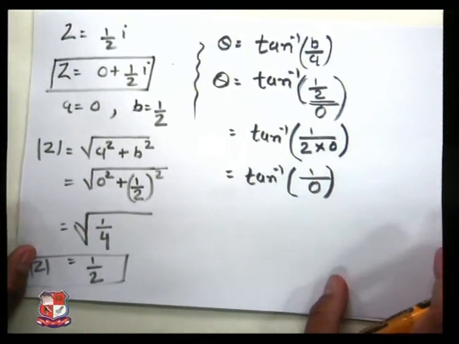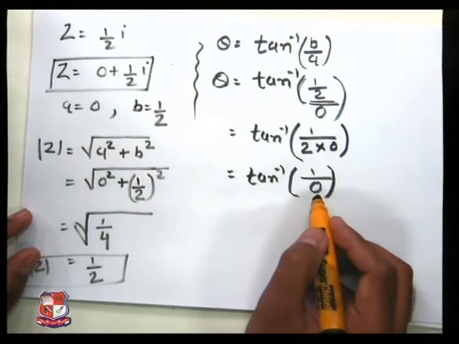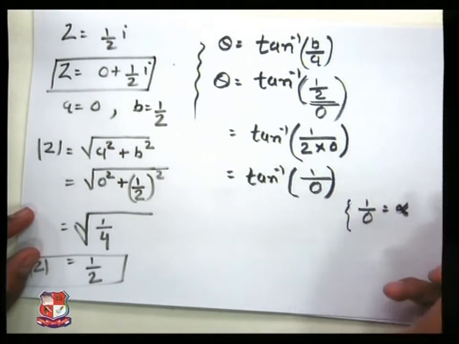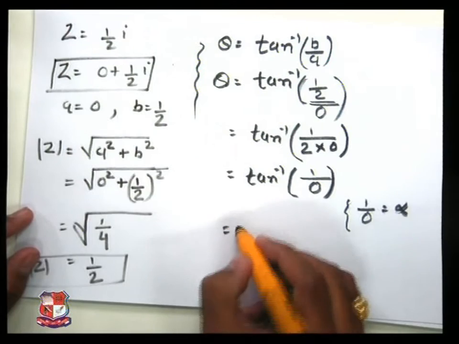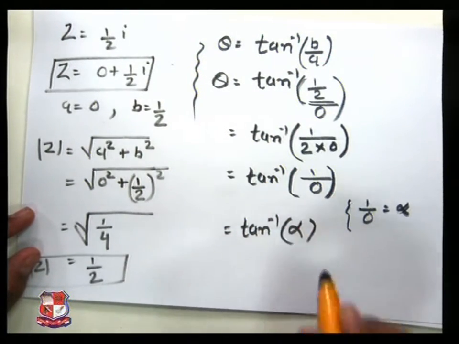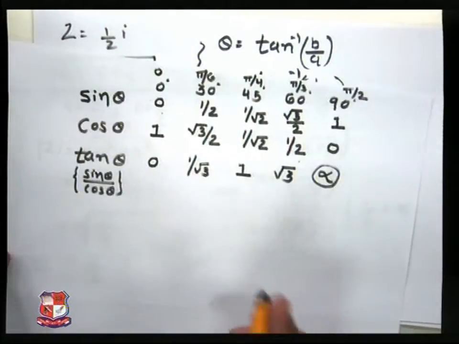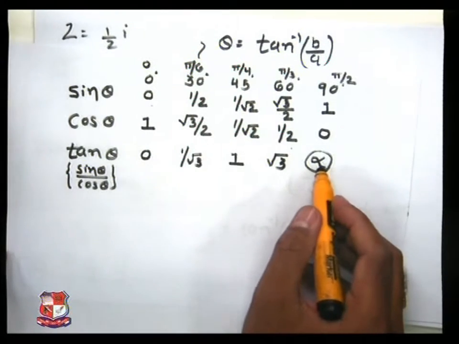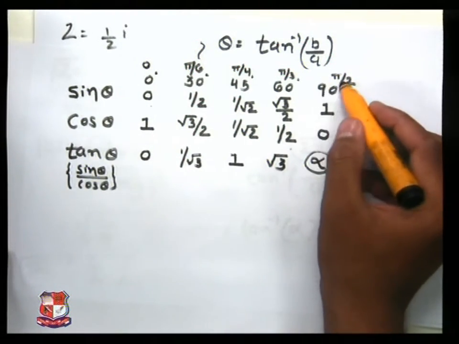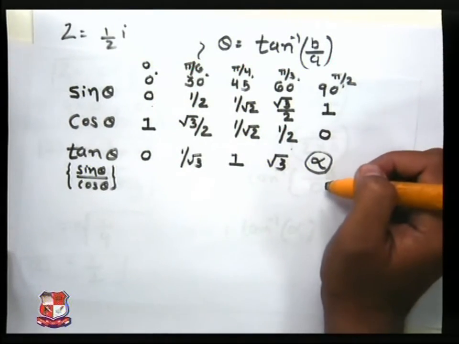Now we apply our rule: any value divided by 0, that is 1 divided by 0 form, and 1 divided by 0 is nothing but infinite. So it is equal to tan inverse infinite. Now we want to check at which angle tan goes to infinite. Our previous calculation shows that the angle is 90 degree, or pi by 2, where tan goes to infinite.